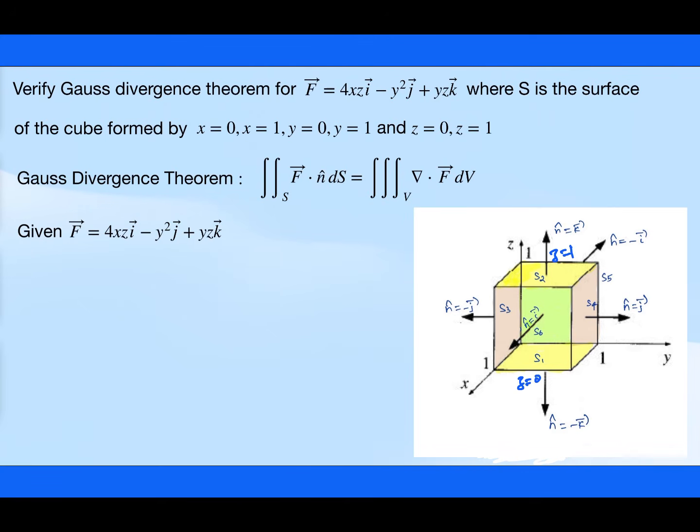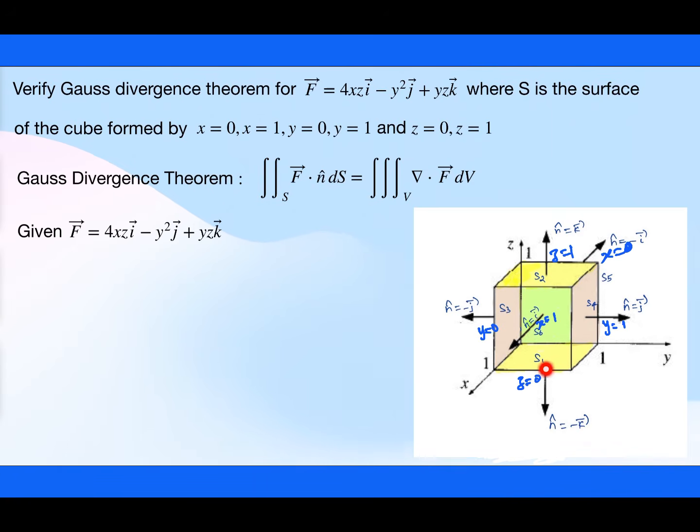And also in the xz plane you have y is 0, and parallel to the xz plane you have y is 1, and in the yz plane you have x is 0, and parallel to the yz plane you have x is 1.